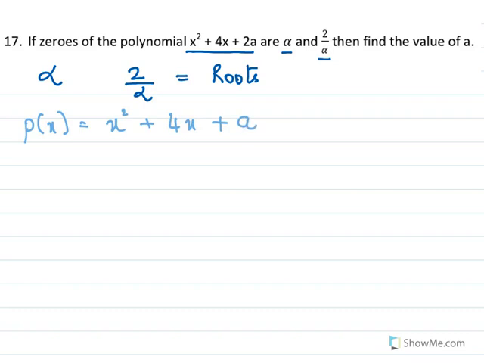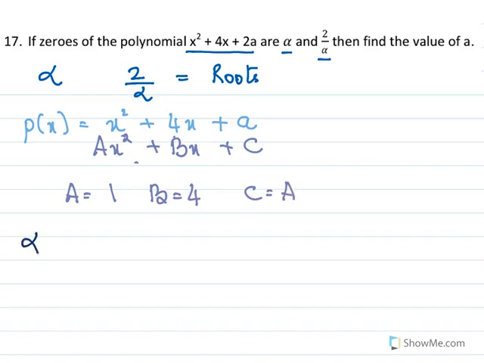Now when we compare it with the standard quadratic, that is Ax square plus Bx plus C, we see that A equal to 1. In this case we are going to use capital letters because they have already used the small letters, so we will write it as Ax square plus Bx plus C. So when we compare, we get A equal to 1, B equal to 4 and C equal to a.